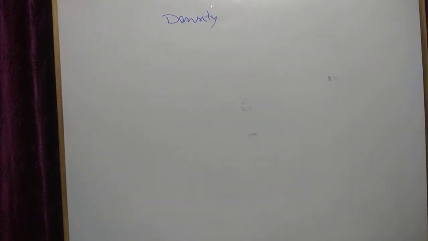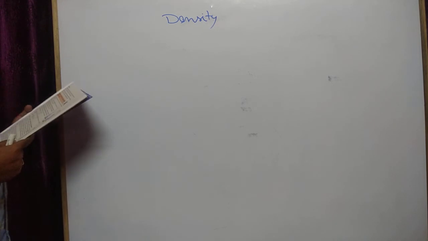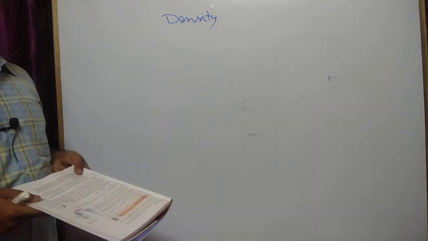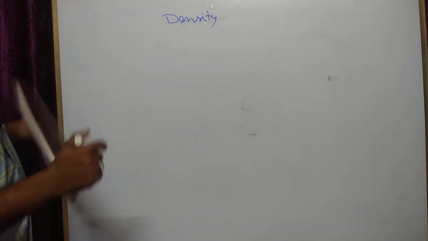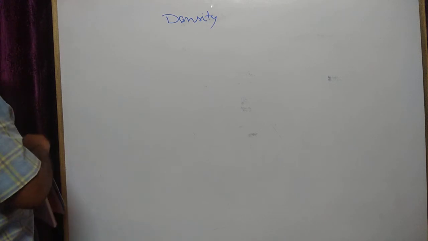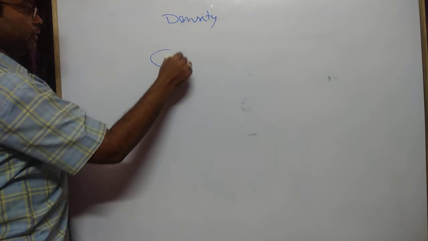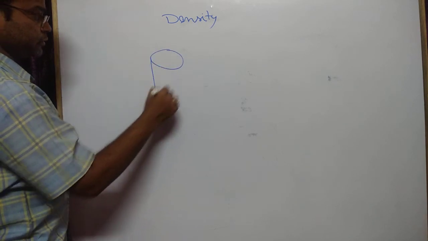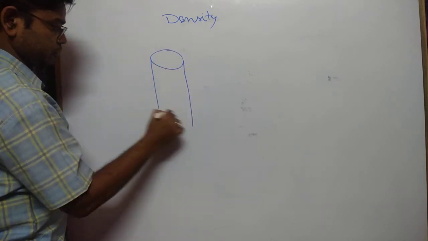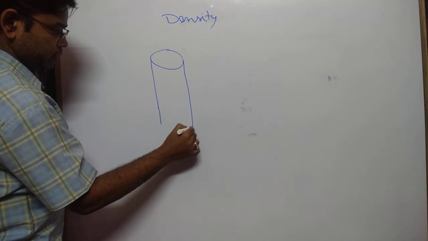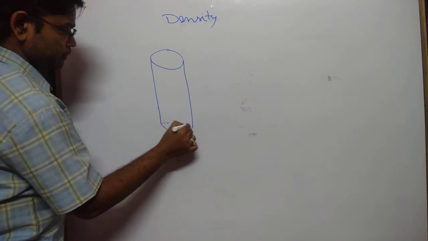Now our next topic is how to determine the density of a solid by using a measuring cylinder. Determination of density of a solid by using a measuring cylinder. Suppose we have a measuring cylinder. Clear?